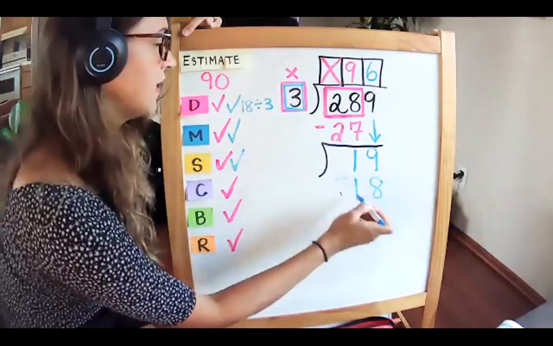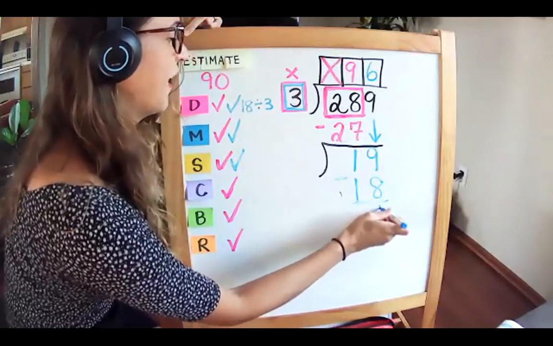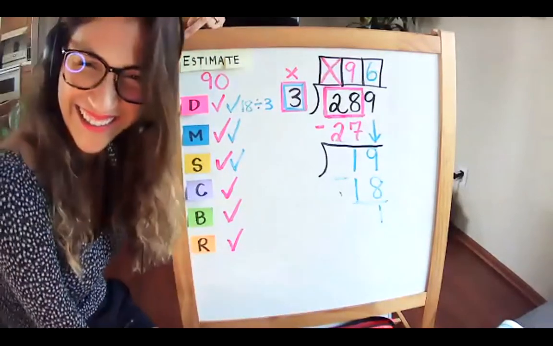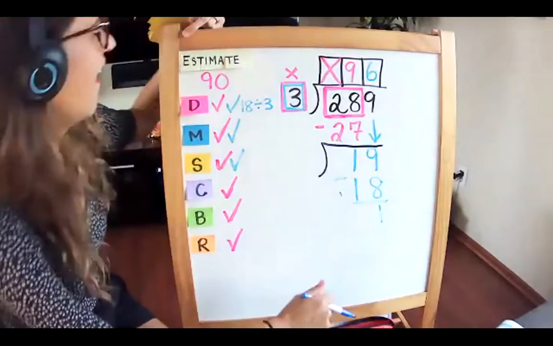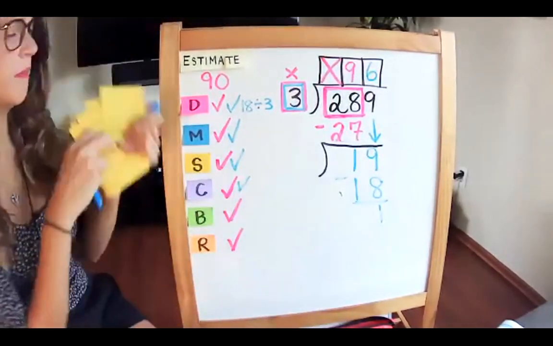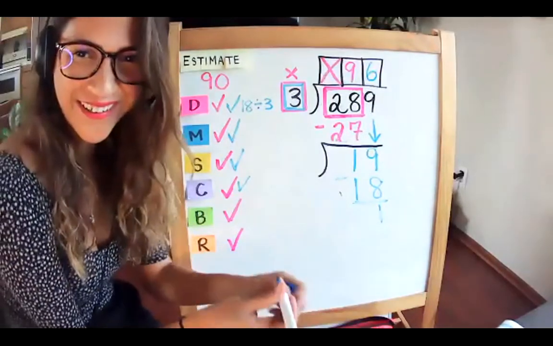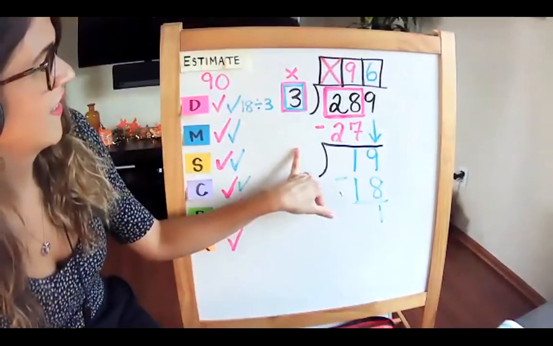Subtract. 19 minus 18. Everybody? 1. I'm glad. With the subtraction, I get the most answers, guys. 1. All right, check. Matthias, remind me again, what am I checking? If the 1 is smaller than the 3.